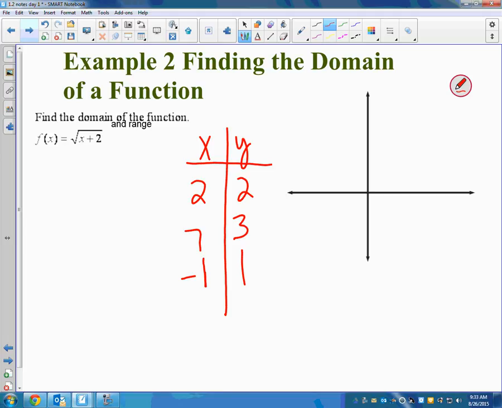What's the square root of 0? It's just 0. It's okay, guys. You can talk. Which means if I want to get 0 here, what number do I have to pick for x that would give me 0 under that radical? -2.